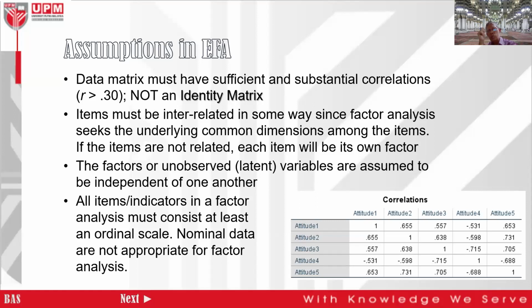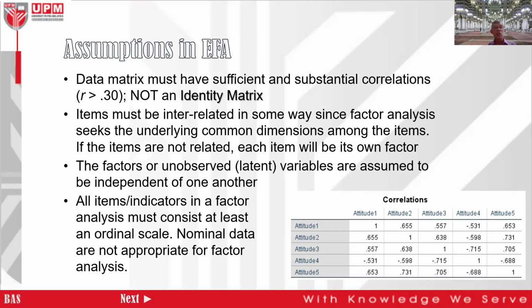If you proceed to CFA in structural equation modeling, on average, the correlation and the factor loading that we would accept is 0.7. At the EFA stage we can accept a minimum of 0.3, but in reality we go beyond 0.3 to make sure that we get a more meaningful result from our factor analysis.